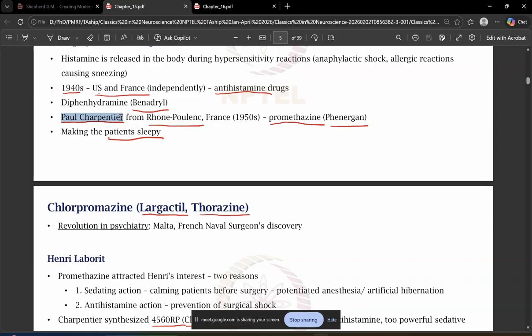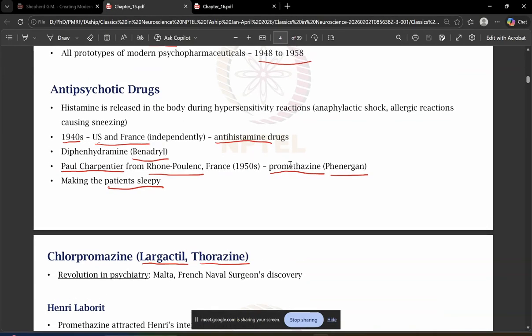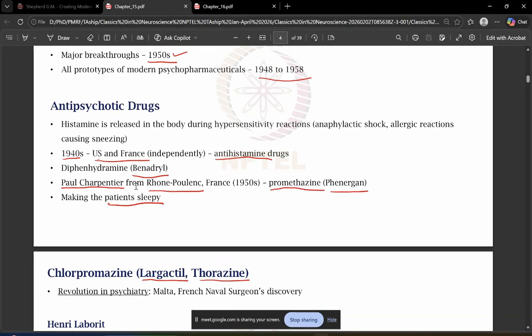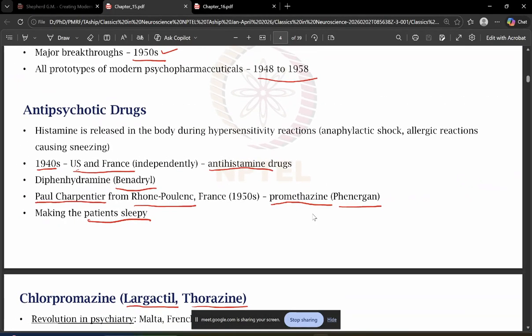Paul Charpentier was working at the pharmaceutical company Rhône-Poulenc in France, and he had synthesized this drug which he called promethazine. They were trying to look at antihistamine drugs. While trying to synthesize new antihistamine drugs, Charpentier came up with promethazine.